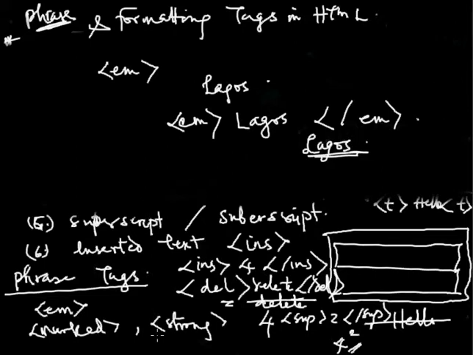Then mark or strong is the same, they are all close to this. If I want to darken strong, it's like making the word bold. Lagos, then close it, strong.